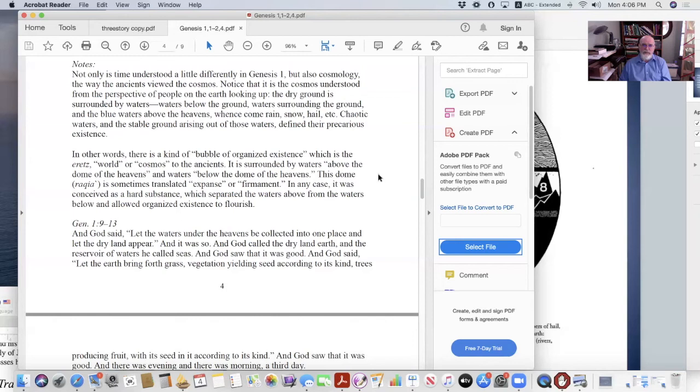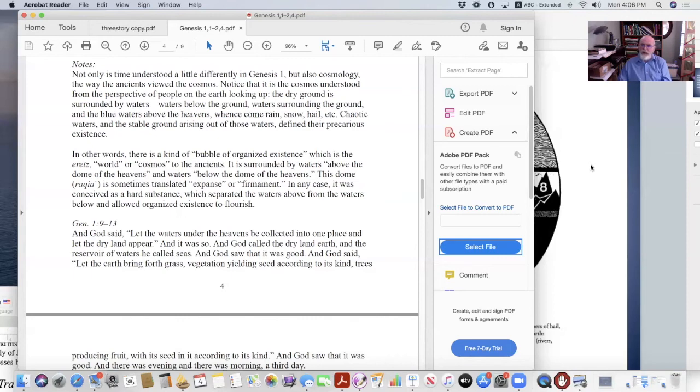Firmament simply means firm, hard substance, something that keeps the chaos out, and is sometimes translated as firmament or expanse. In any case, it was conceived as a hard substance. That's what rakia means, a dome or bowl, which separated the waters above from the waters below and allowed organized existence to flourish.